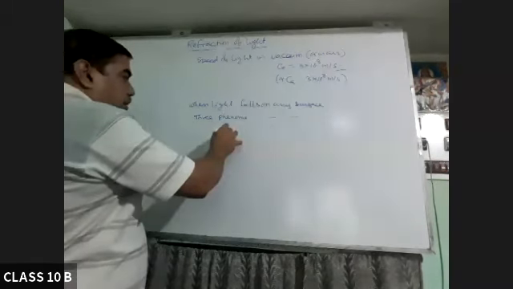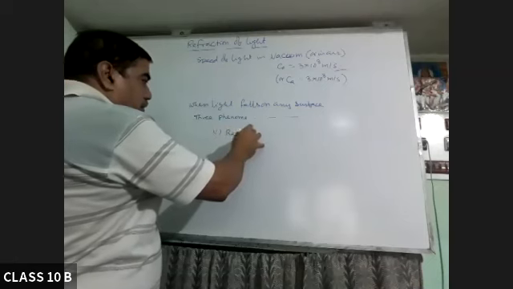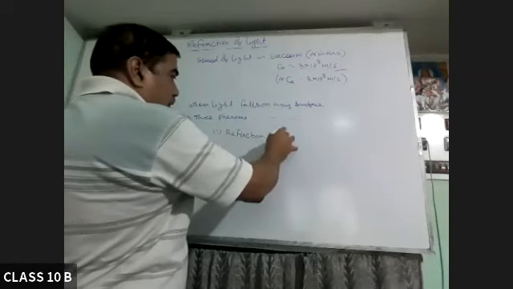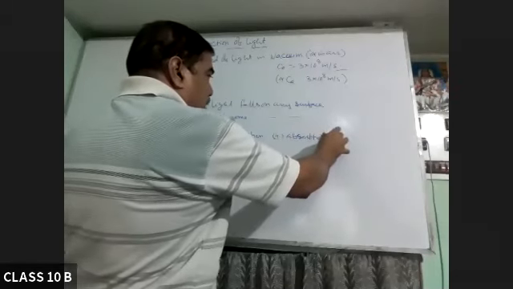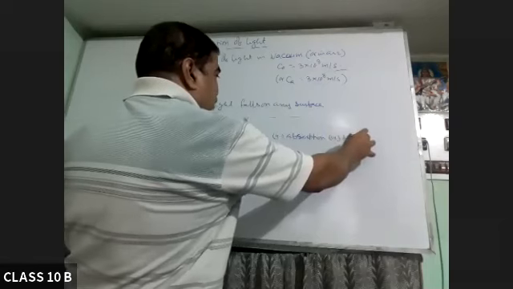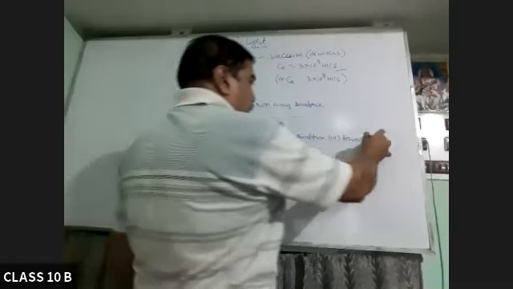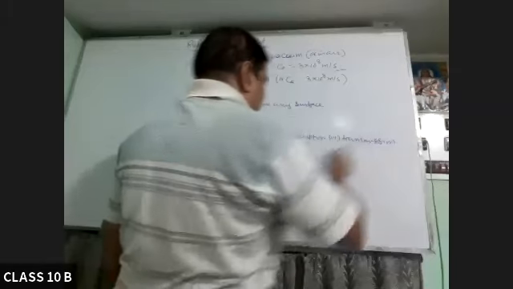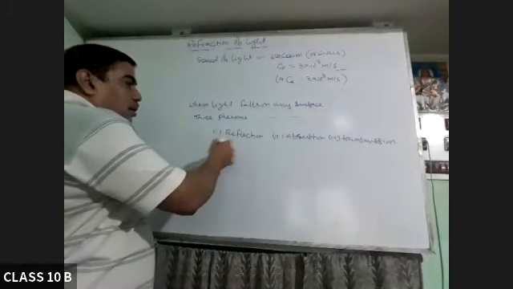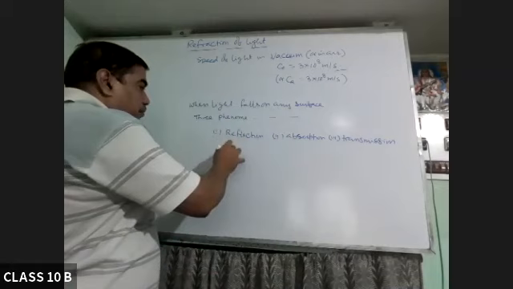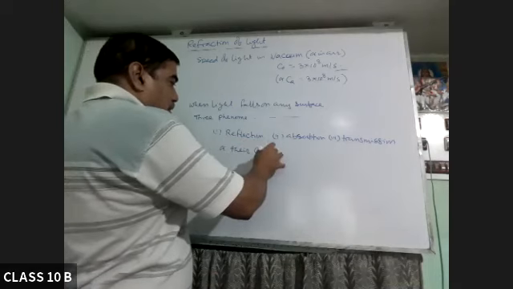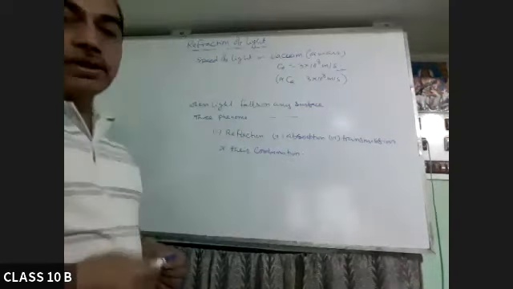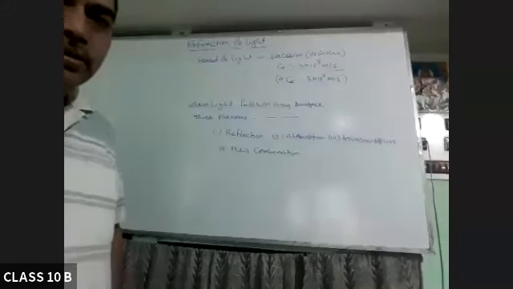One may be reflection, absorption, and the third one is transmission. Or their combination. Some light is absorbed, some is transmitted, some is reflected. That may also be there.